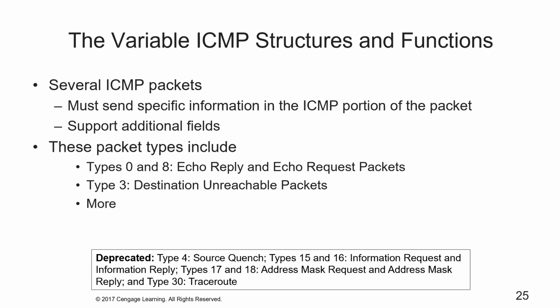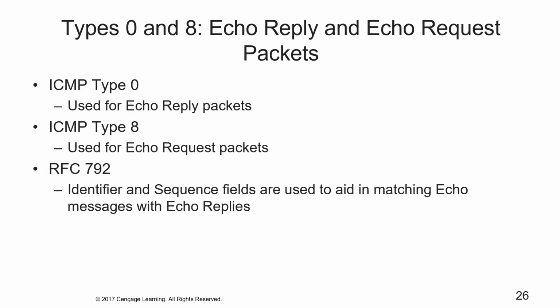And there are others which have been deprecated in terms of variable ICMP structures. So 0 is echo reply, 8 is echo request. Those are two types, RFC 792. The identifier and the sequence field are used to aid in matching echo messages with echo replies.